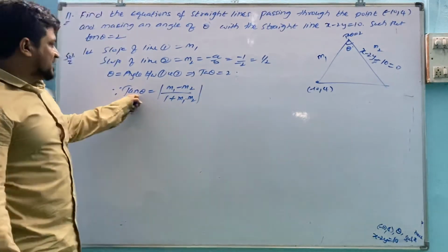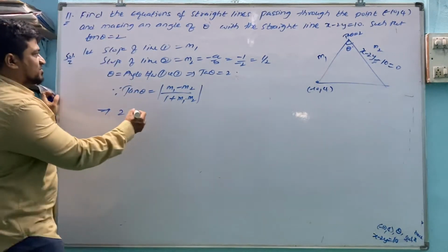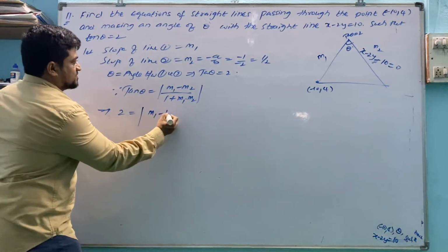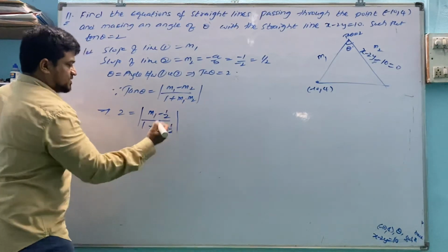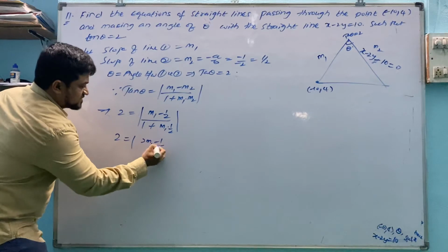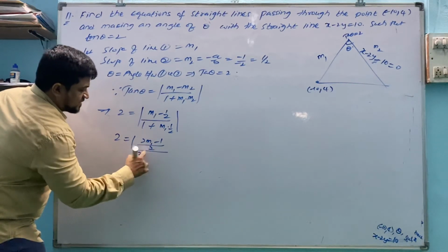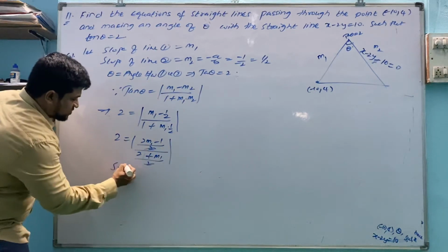But here the tan theta value is given to us, that tan theta is 2. So m1 minus m2 by 1 plus m1 into m2, same thing we will do, but we will simplify further: 2m1 minus 1 by 2, over 2 plus m1 by 2. The 2 cancels, squaring on both sides.